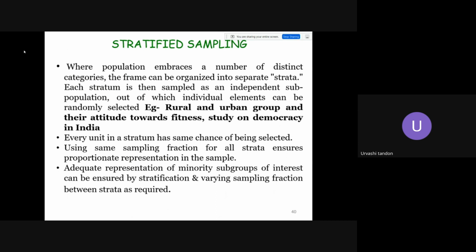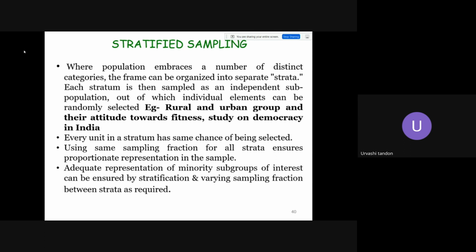The sampling frame is divided into strata, and each stratum is then sampled as an independent subpopulation. Let's say, for example, rural and urban groups, and their attitude towards a fitness study, or a study on the demography in India. Now you divided the population into rural and urban groups, and from there you picked up randomly, right?